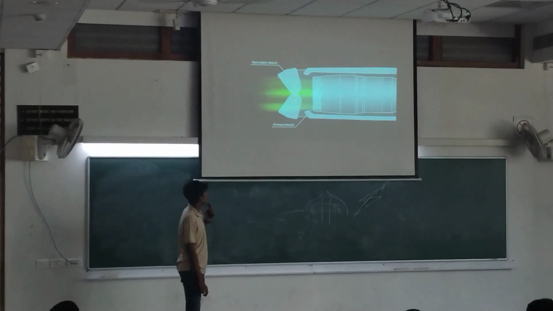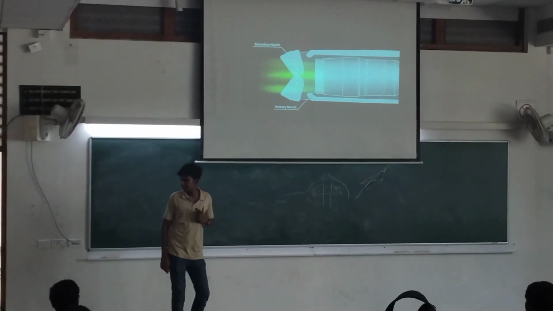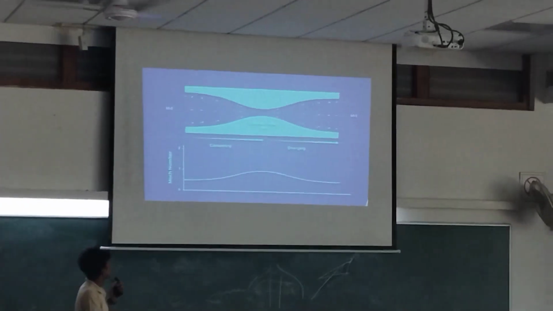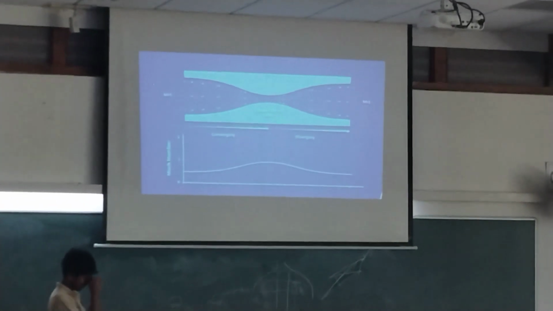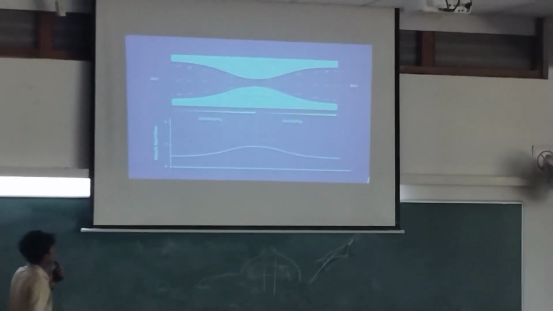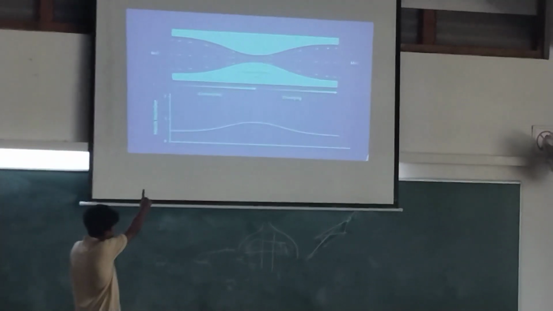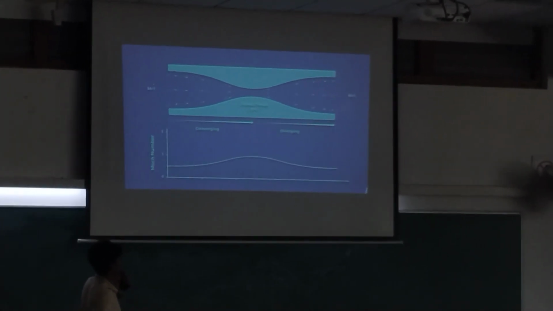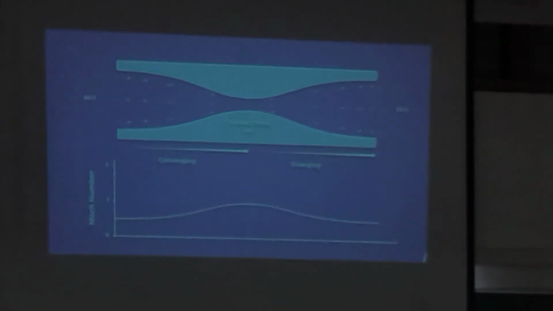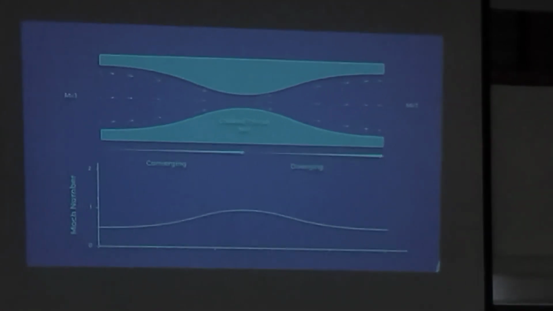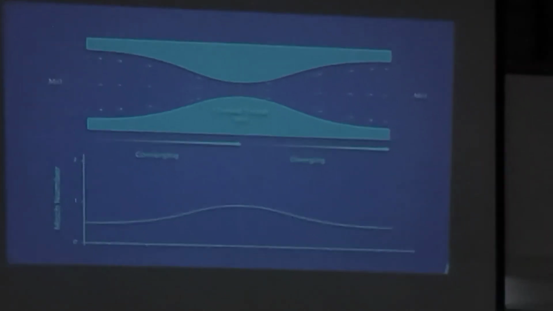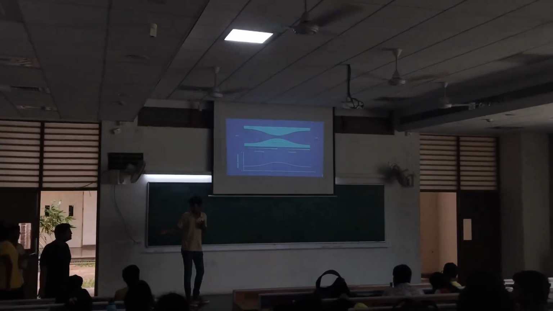To understand that, we have a few graphs. When the velocity of the air is less than Mach 1 and the area keeps decreasing, the speed increases up to Mach 1, and after that, when the area is increasing, it goes back to lesser speed.